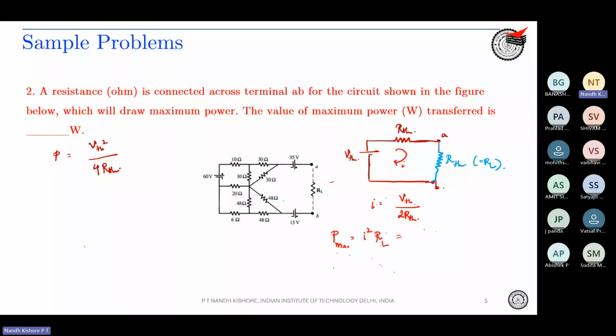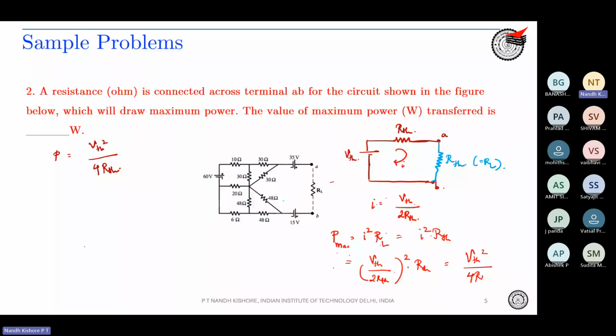So V Thevenin by 2 R Thevenin, the whole square, into R Thevenin. Therefore, you will be getting V Thevenin square divided by 4 into R Thevenin. So this is the value of the maximum power.